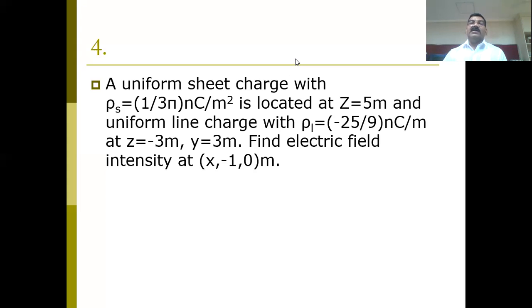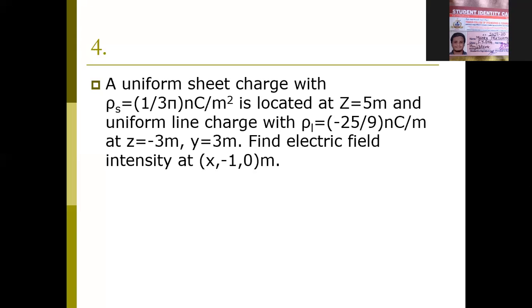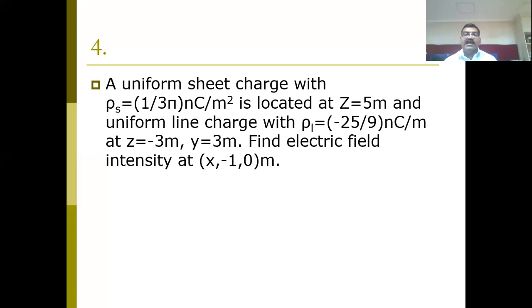You can find the unit vector and verify it. Anybody can find the unit vector for the line charge or the normal vector for the surface charge, and we will verify that the x will not create a problem.